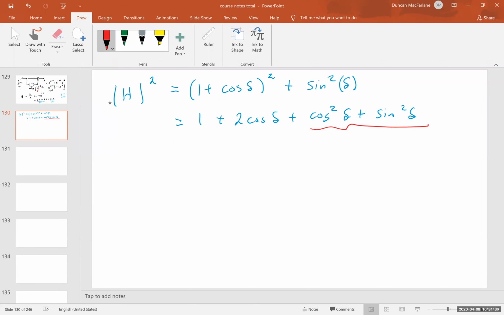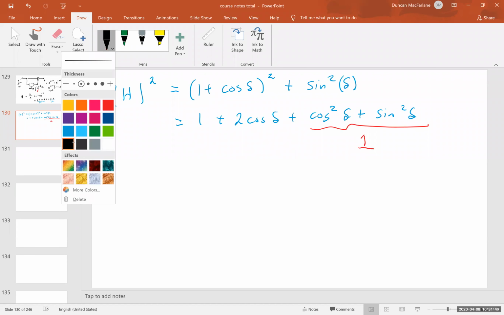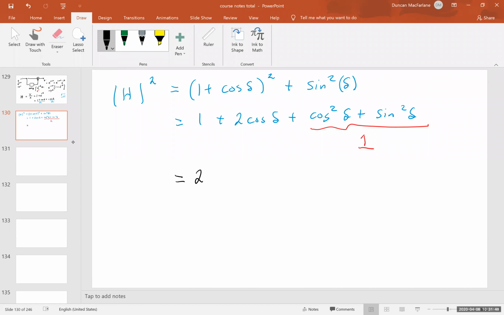Does anyone know what that equals? 1. Very, very good. And so I have 2 plus 2 cosine delta.